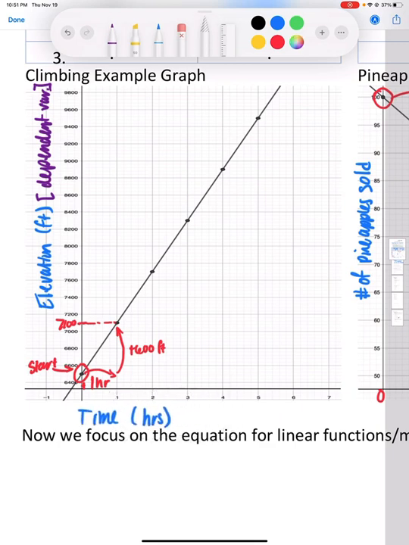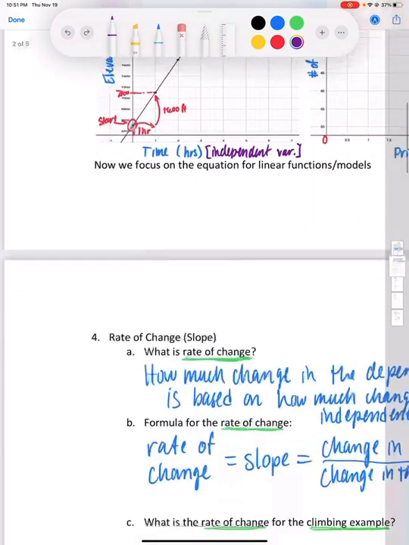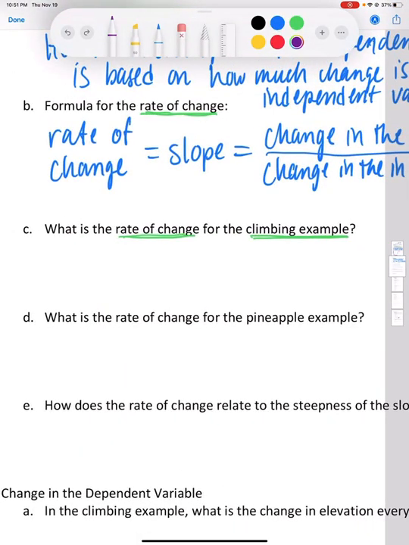Okay, so put it over here. So as I'm climbing, the change in elevation will be 600 feet for every hour. Okay, so that's how the rate of change works. So it's rate of change. How much are things changing?